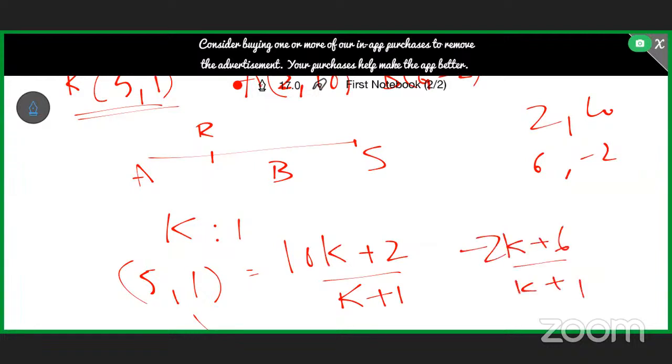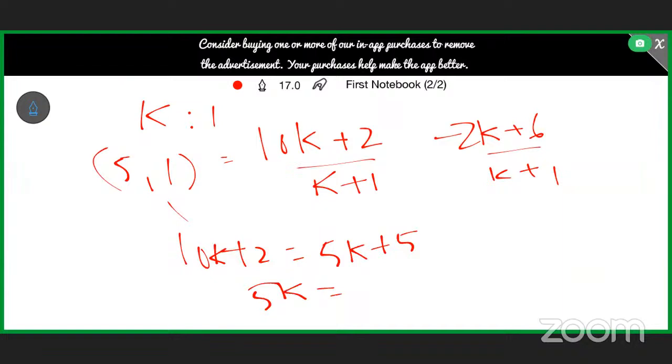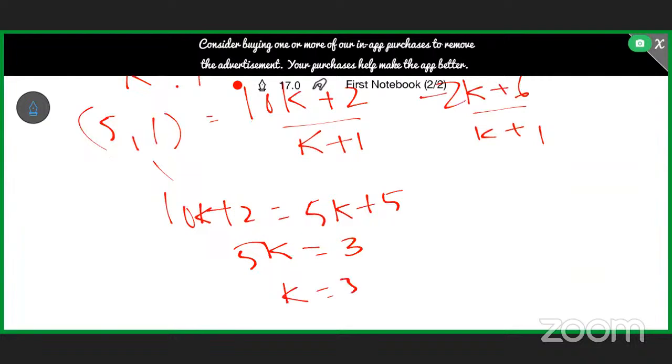So equate one equation: 10K + 2 is equal to 5K + 5, so 5K is equal to 3, K is equal to 3 by 5. This is for one equation.